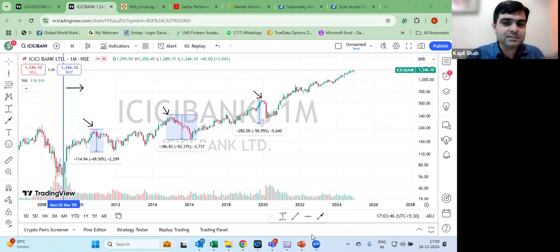There is some sort of consistency. When the big fall happens and the stock price falls by a certain percentage, there is then a very strong rebound. Looks interesting to you?